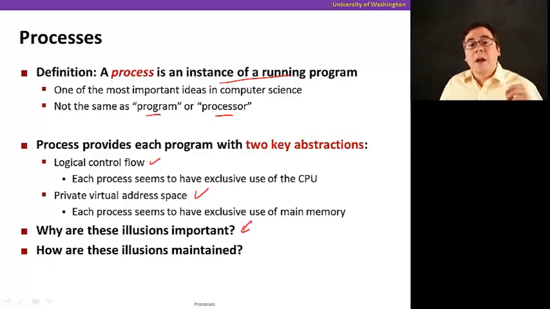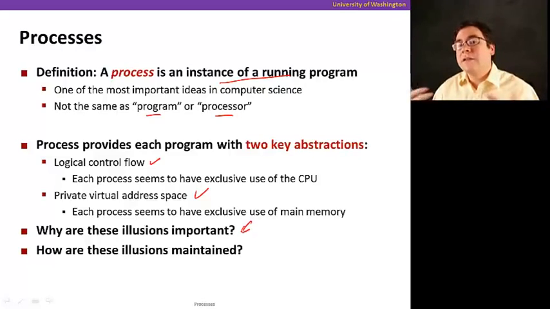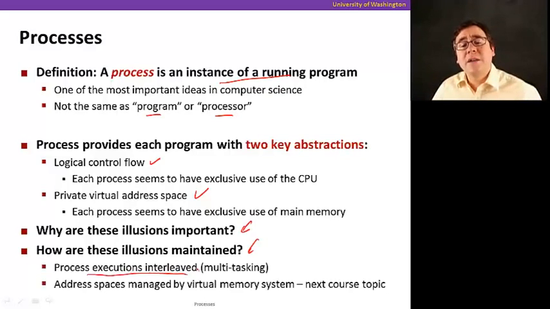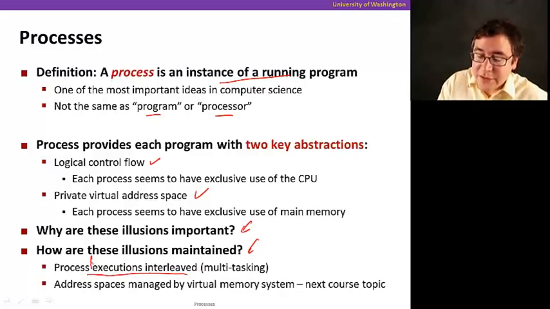Why are they important? Well, it simplifies writing programs a lot because you give the illusion that the program has the entire memory, and also the illusion that it has complete use of the processor. And how are these illusions maintained? First of all, process executions are interleaved.